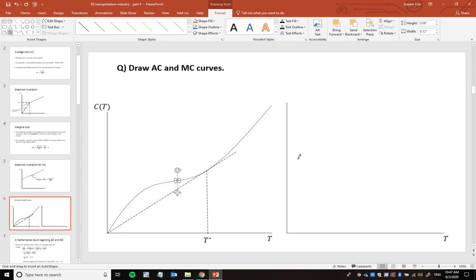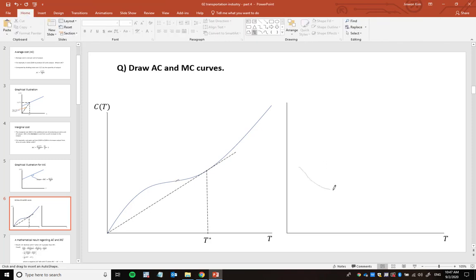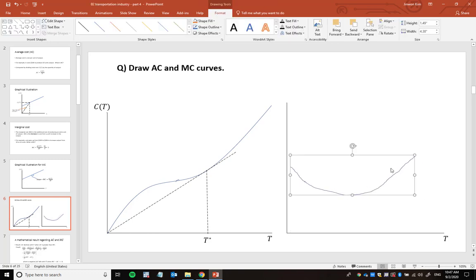So the marginal cost curve can be drawn like this. Initially it's decreasing, but after this point, it's increasing. That's marginal cost.